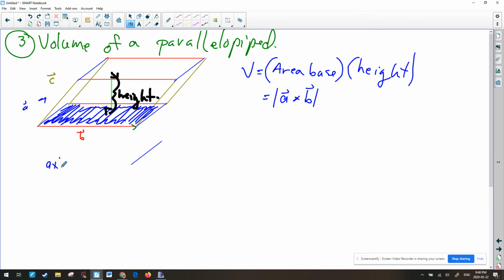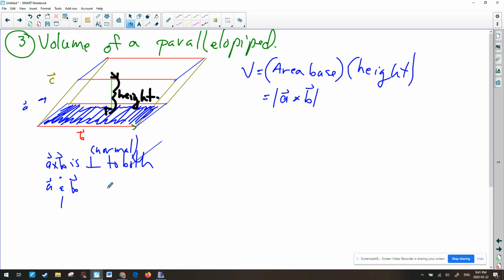So A crossed with B is perpendicular to both A and B. In fact, it is normal. And normal doesn't mean average, everyday, ordinary in this context. It means right angles too.